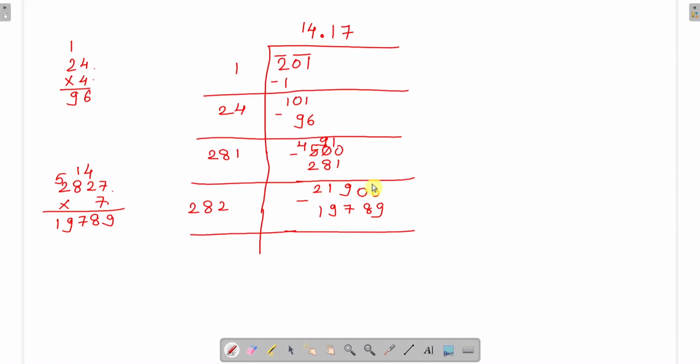So 1 borrowed, 9 remains, so this is 8, and again 1 borrowed here. 10 minus 9 is 1, 9 minus 8 is 1, 8 minus 7 is 1, 11 minus 9 is 2.